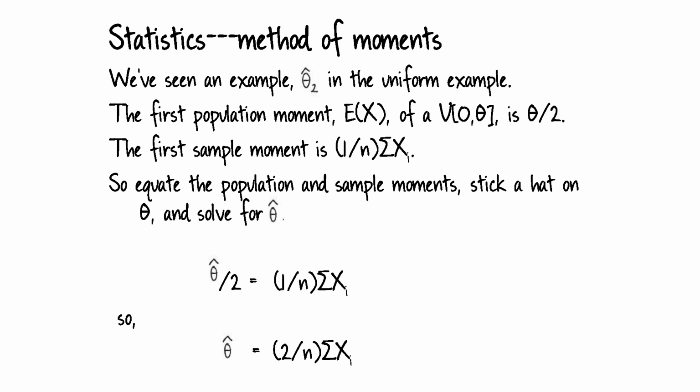We now have to put a hat on the theta, because we're solving for an estimator, not the parameter. Then we solve for theta hat. That's exactly the estimator we saw before, and this shows that it is, in fact, a method of moments estimator.